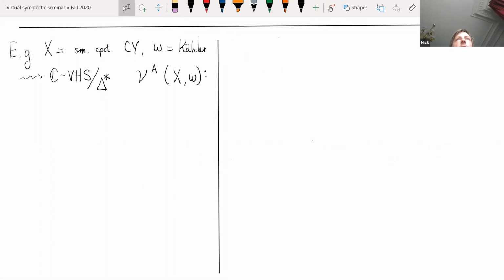So we're going to have another construction of a complex variation of Hodge structures, which this time is associated to a symplectic manifold. We've got a smooth, compact Calabi-Yau variety X together with a Kähler form omega. And that gives rise to a complex variation of Hodge structures over a punctured disk, delta star.